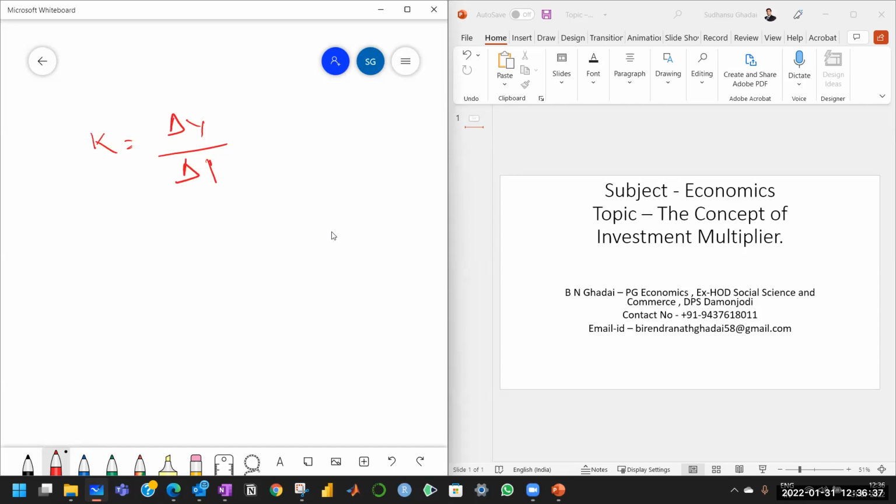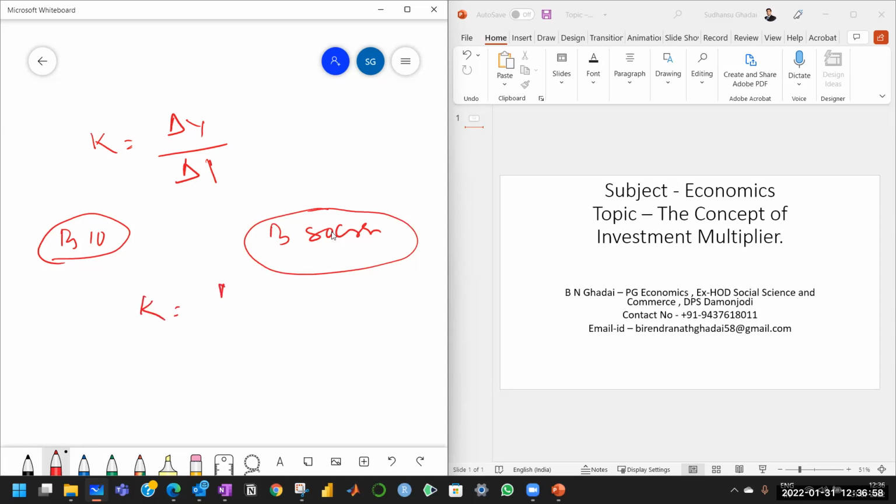This is multiplier. K is equal to delta Y by delta I, or the change in income by change in investment. For example, suppose an investment of rupees 10 crores generates an income of rupees 80 crores. Then the multiplier is K equal to delta Y by delta I. Delta Y is 80 crores and delta I is 10 crores.